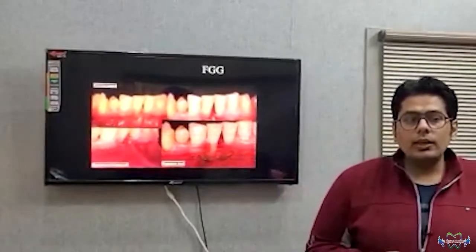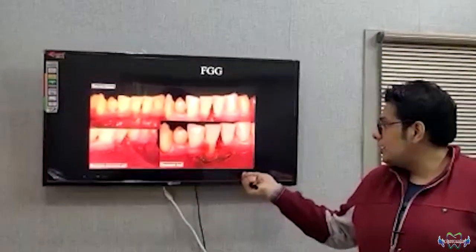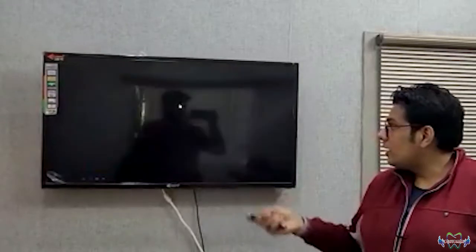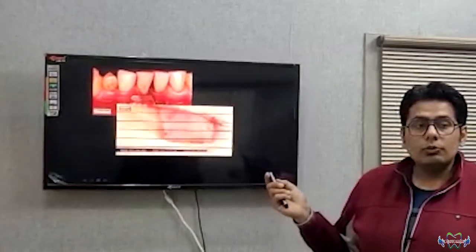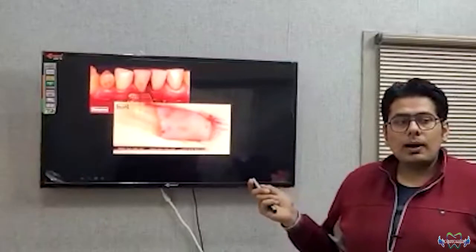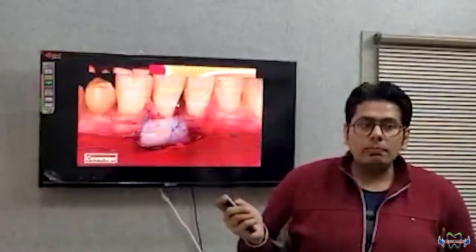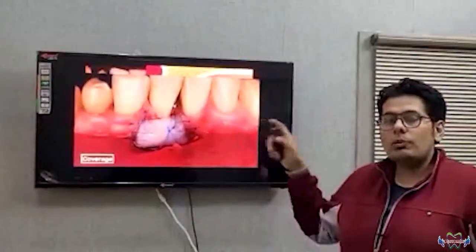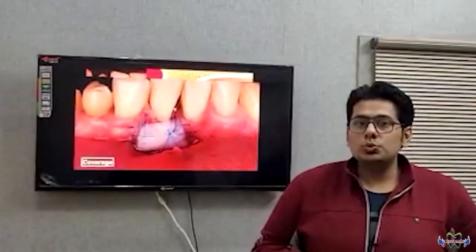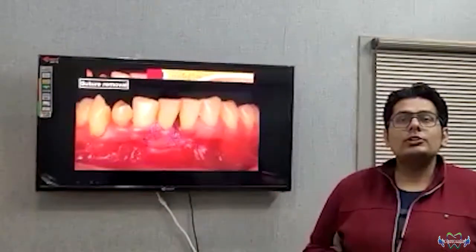For example, this is a case where we have placed a graft from another body part. This is the recession. We measure and cut the area, and after that we take the graft from another body part, the palate, place it at the required site and give the sutures. So this is the conventional therapy.